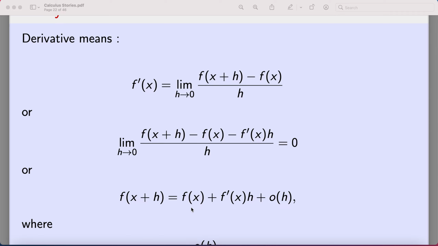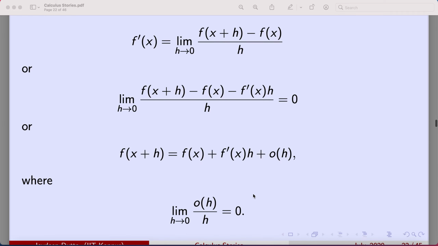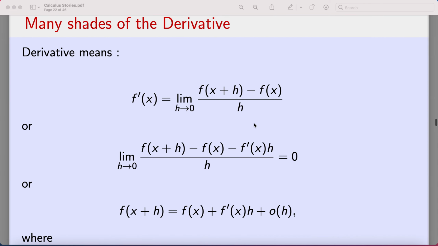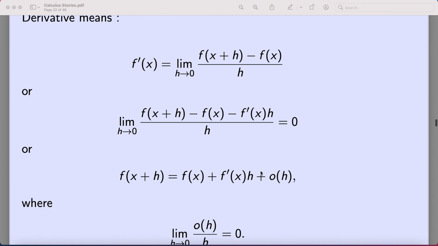So f of x plus h is naturally this thing, which you can understand. o of h means this: a quantity which when divided by h, that ratio goes to 0 as h tends to 0, meaning that o of h is a quantity which vanishes much faster than h as h vanishes. Now this part you know from your high school days, but possibly this writing would be new to you.